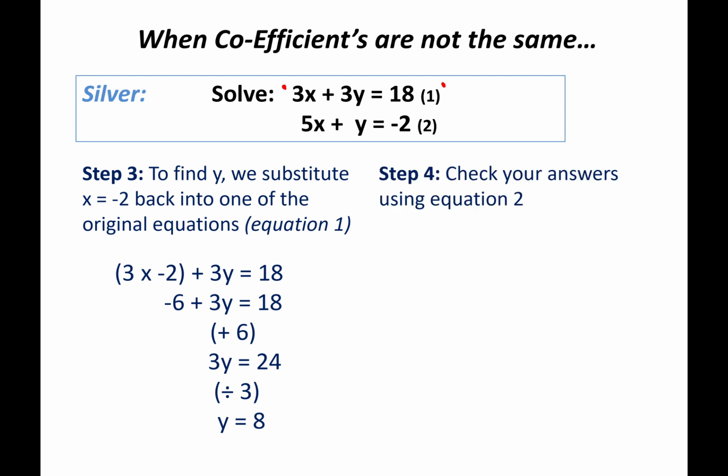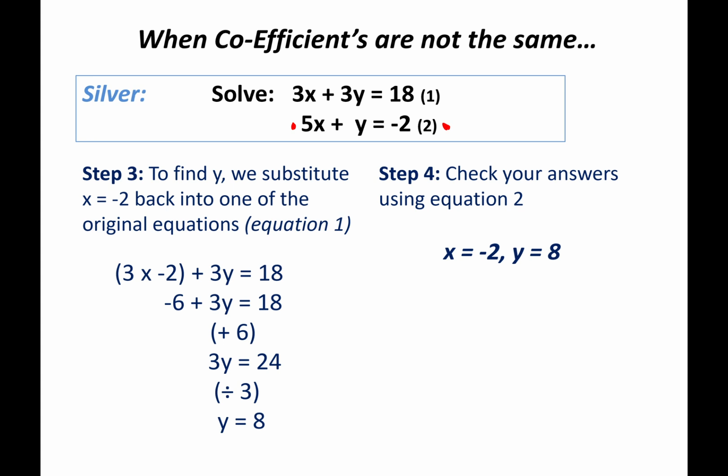And step 4, we now need to check our answers using our equation 2. So using the second equation, we'll check to see if we're right. So we find that x is equal to minus 2 and y is equal to 8.